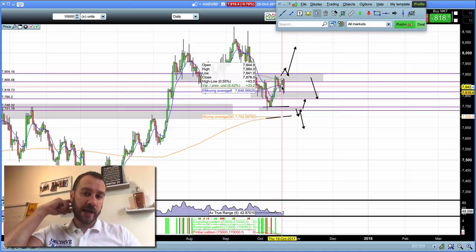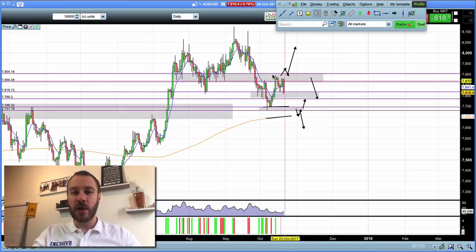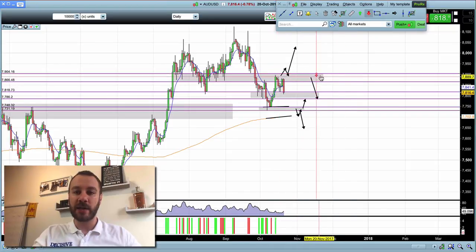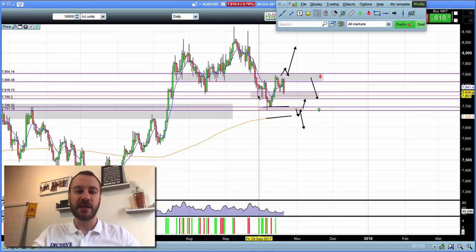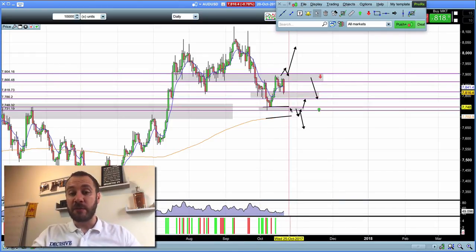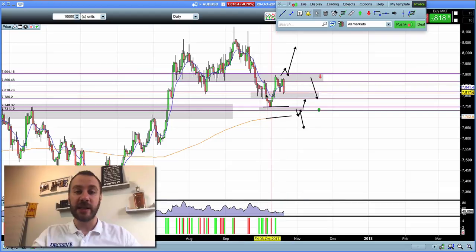So when you're looking at the chart like this, first of all, I'm looking at it more as though it's in a range when it's between this key level right here and this key level right here. But what you tend to find when you're in price action like this is there's also what I would call a central pivot to the price action. So whilst below this level, I'd be looking for the bearish movements back down into support, whilst above, I'd be happy to look for the bullish movements back up into the resistance level.